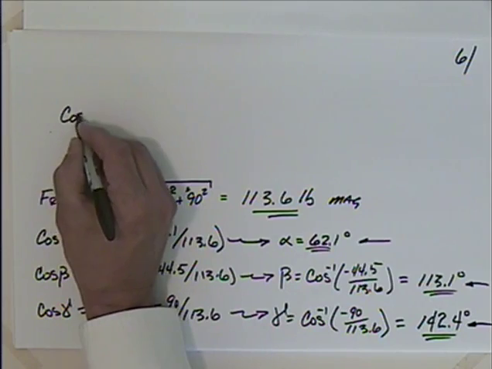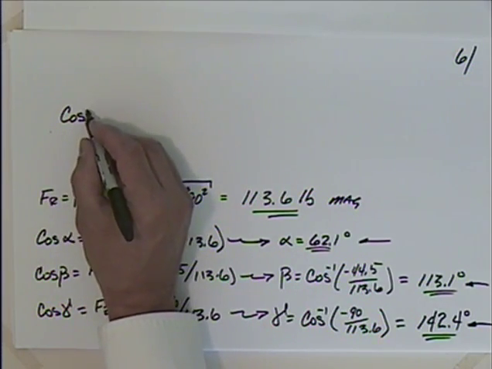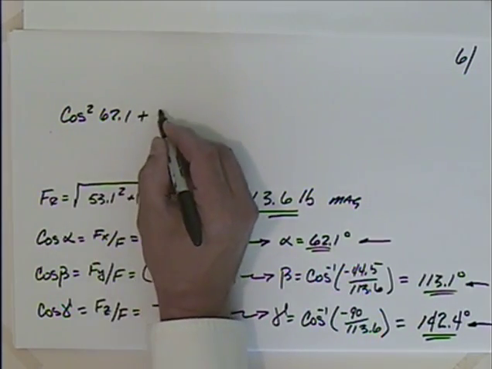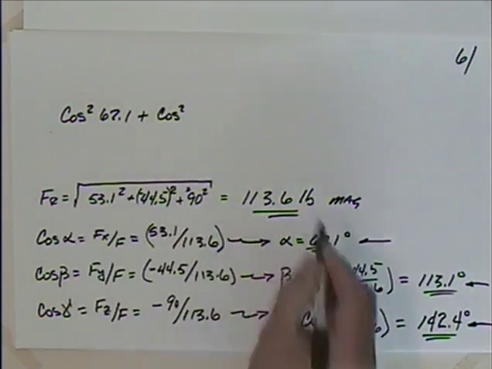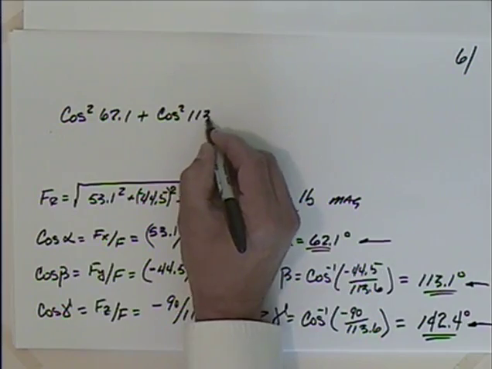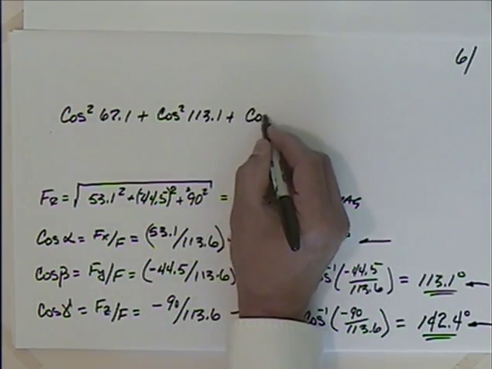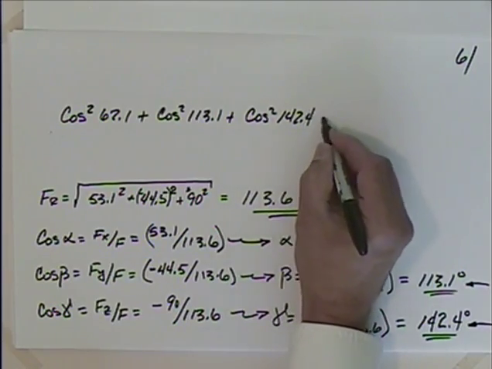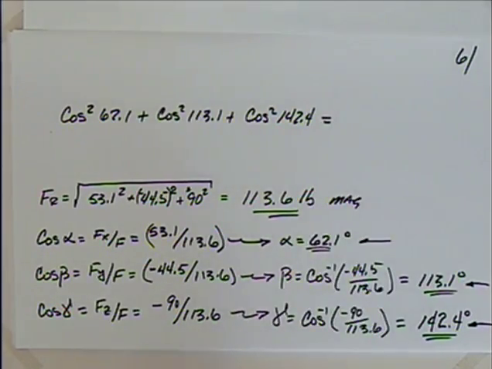What is the cosine squared of alpha, 62.1, plus cosine squared of beta, 113.1, plus cosine squared gamma, 142.4? What's that turn out to be? I haven't done this calculation, so I'll run through it on the calculator, give you time to do the same if you want.